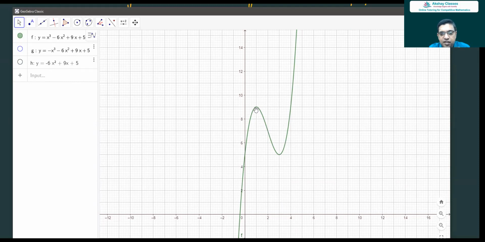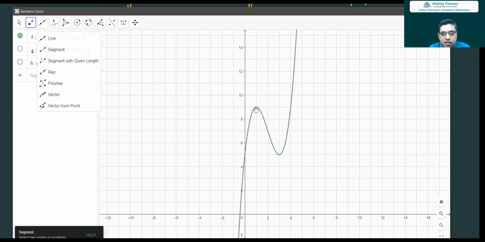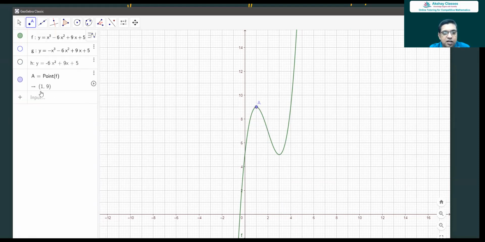If I click this point, see, it is 1, 9. At x equal to 1, the function value is 9 for this graph, x cubed minus 6x squared plus 9x plus 5. And for x equal to 3, you get a minimum value which is 5.